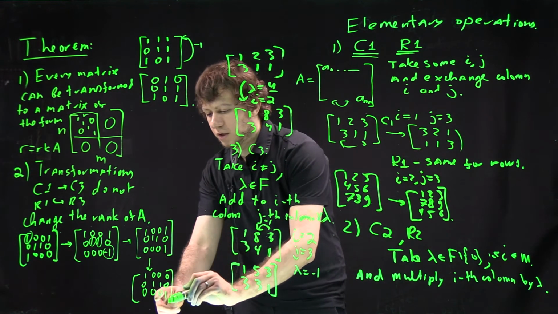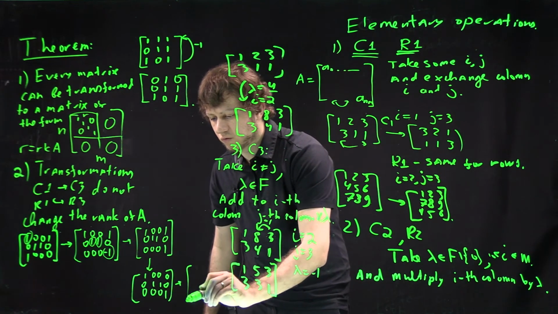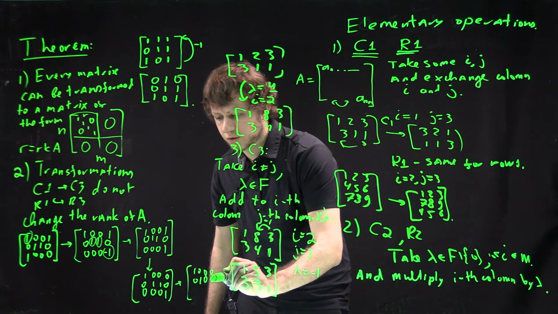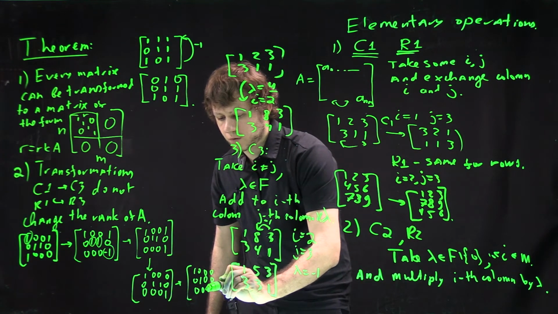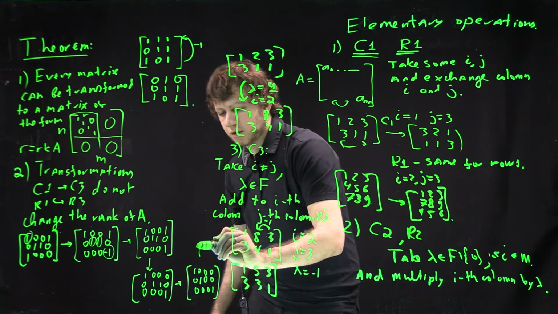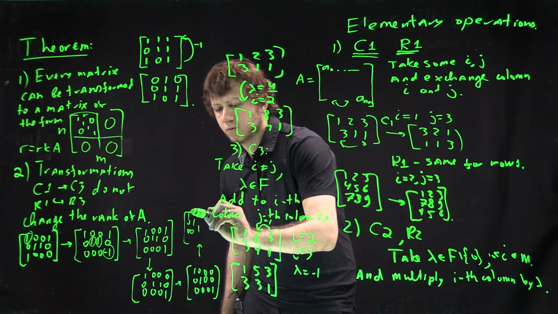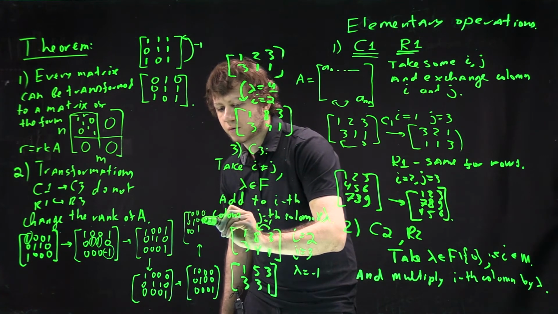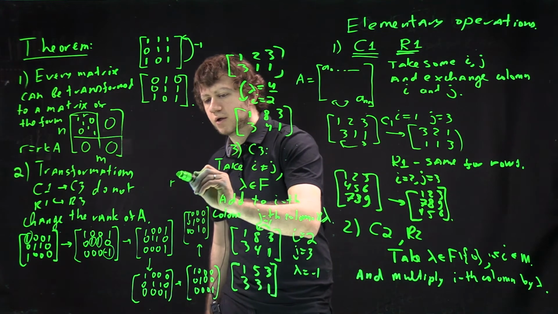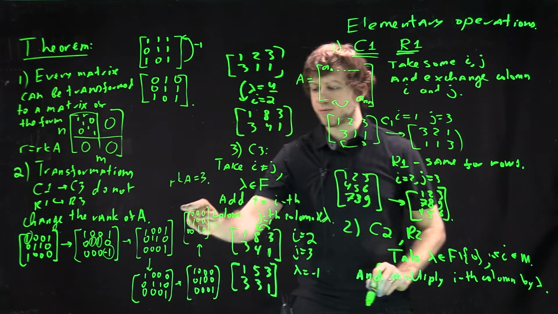Then I do a similar thing with the second column, and this moves to 1, 0, 0, 0, 0, 1, 0, 0, 0, 0, 0, 1, and I move all 0 columns to the right. So eventually I get 1, 1, 1, 0, 0, 0, 0, 0, 0, 0, 0, 0, and so I moved it to this form, and in particular rank of A equals 3, because there are 3 ones here.